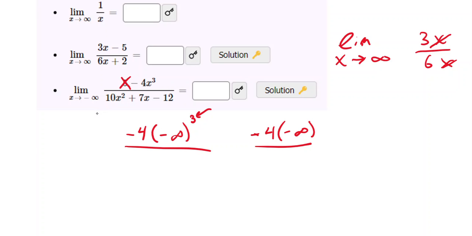But now, just for a second, let's focus down on the bottom, because now if I threw negative infinity in for x, let's do that. I have 10 times negative infinity squared plus 7 times negative infinity minus 12. Again, the minus 12 doesn't even matter when we're talking about infinities.